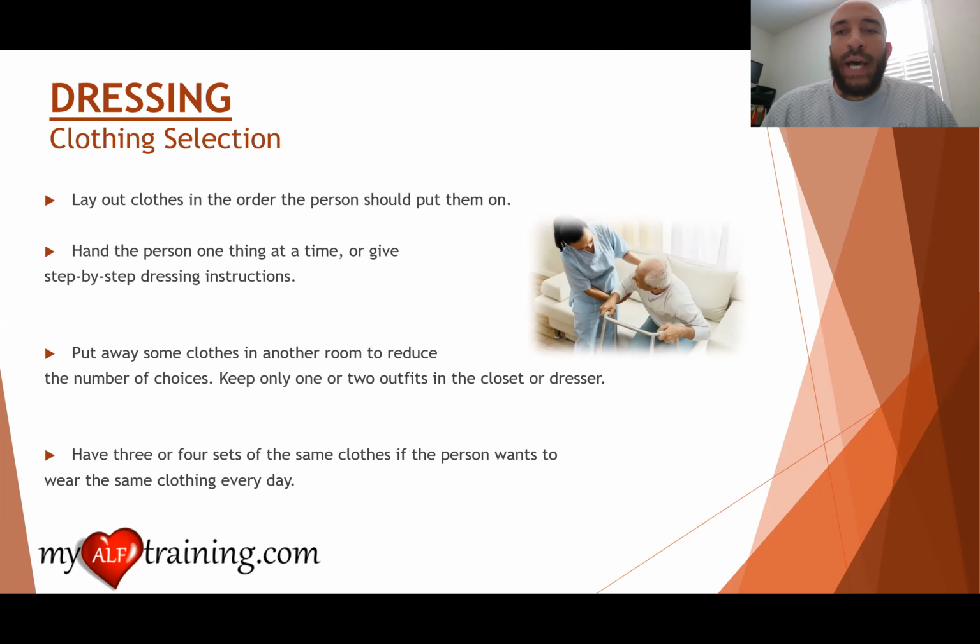You don't want them to have a lot of choices, because they'll get confused, they will get overwhelmed, and this will make the process more difficult for them, and this will make them a little more frustrated. So by keeping only 1 or 2 or 3 outfits in the closet or the dresser, this can make clothing selection a lot easier for the patient.